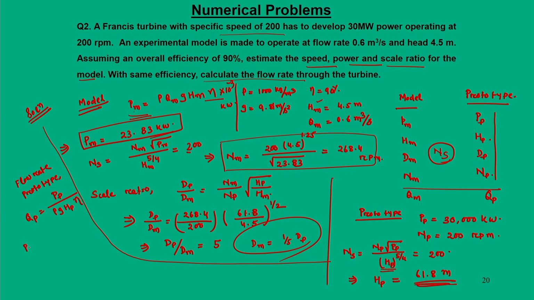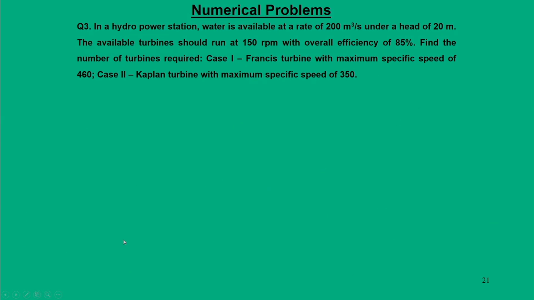So, Pp is equal to 30,000 kilowatt, Hp is 61.8 meter, and efficiency is 90%. So, this will give you Qp is equal to 55 meter cube per second. So, prototype flow rate is 55 meter cube per second.